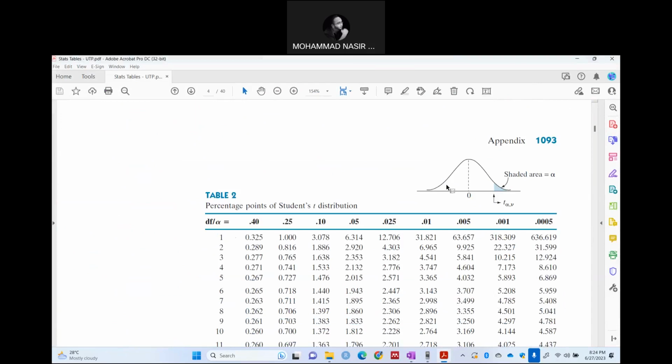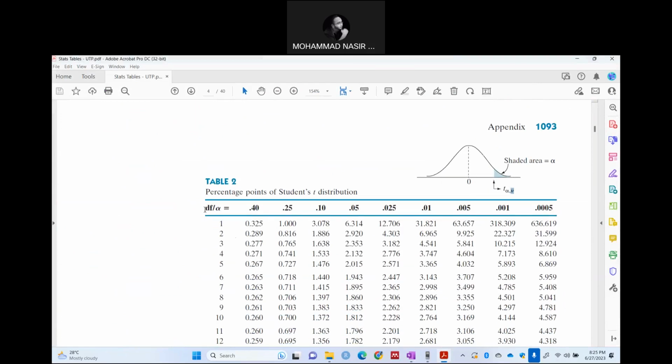So this is table number 2. The value of T alpha V, V means the degree of freedom in this case. Right. So it measures to the right. So we need to find degree of freedom equal to 4 and find alpha 0.05.